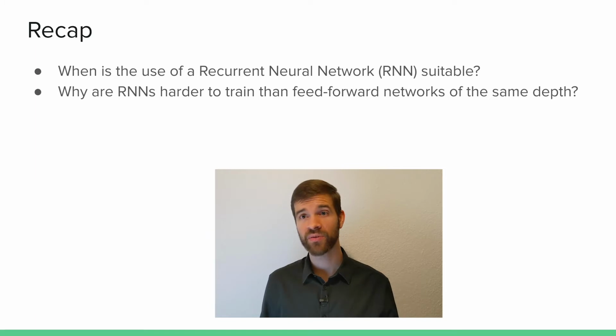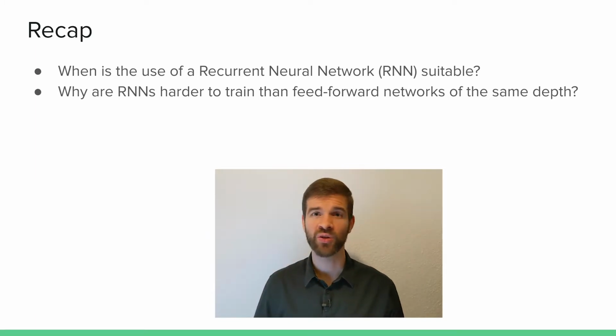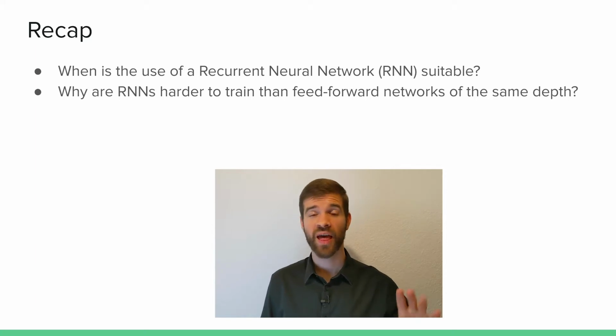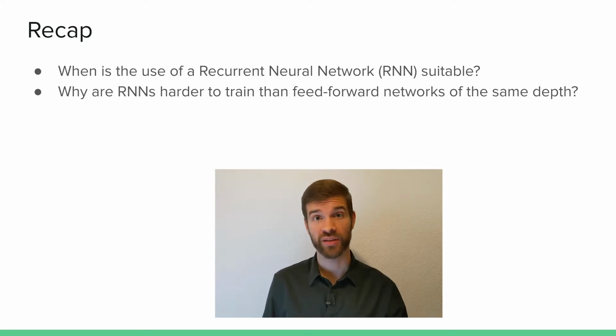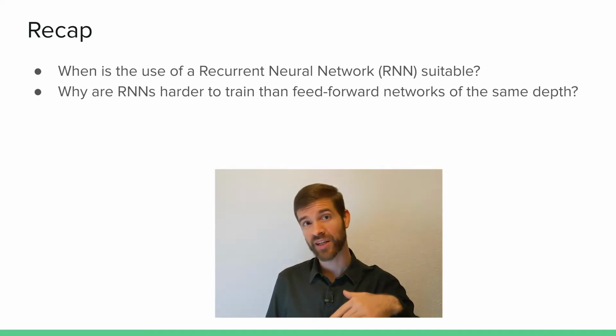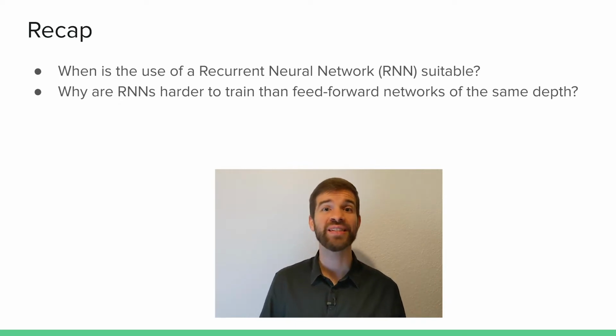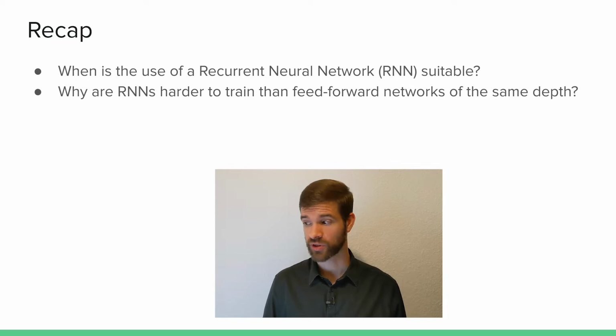So it could happen that your value really shoots out of the window and explodes. This is challenging, whereas if you have a feed-forward network, every layer will have a different weight matrix. So the weight can go up, but in the next layer it might go down again. Therefore, feed-forward networks are easier to train than a recurrent neural network.